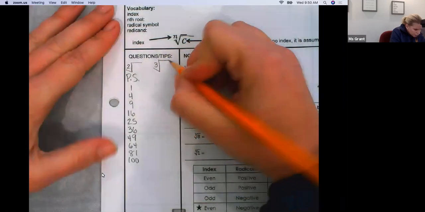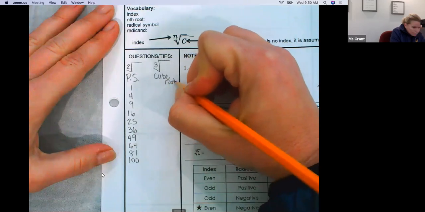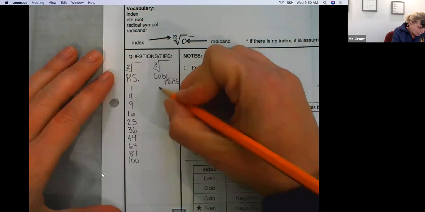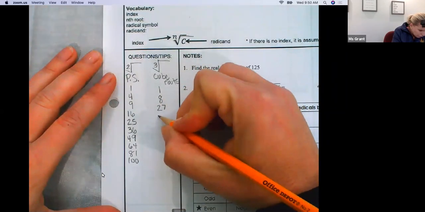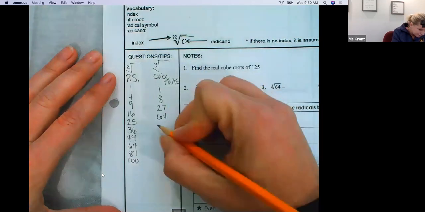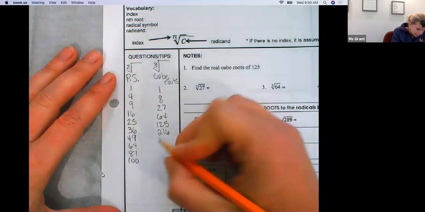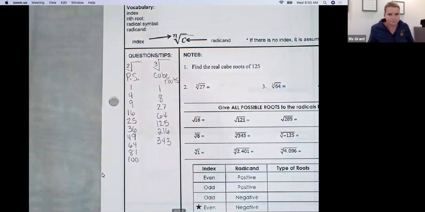Cubed roots. Perfect cube roots. Ready? 1, 8, 27, 64, 125, 216, 343. I mean, I could go longer, but I'm good, right?